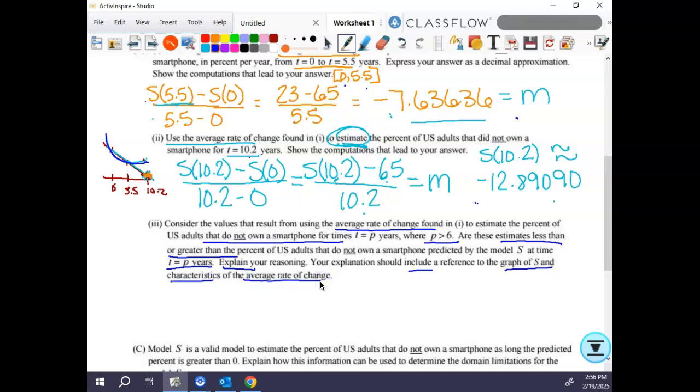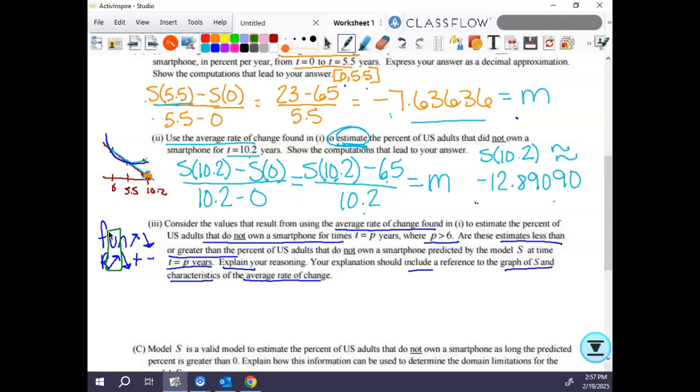So when we were talking about the graph and the average rate of change, we need our fun chart. And this function that I can see on my graph over there, plus I made a really bad sketch here, it is concave up. So the rate of change is increasing.